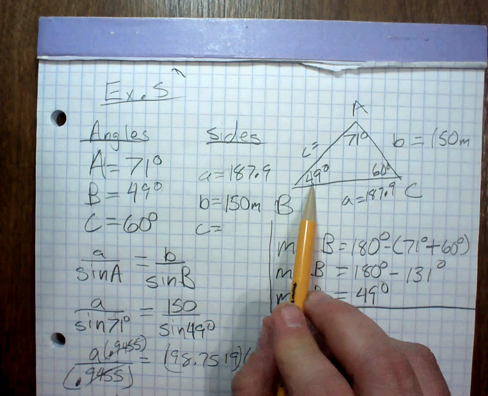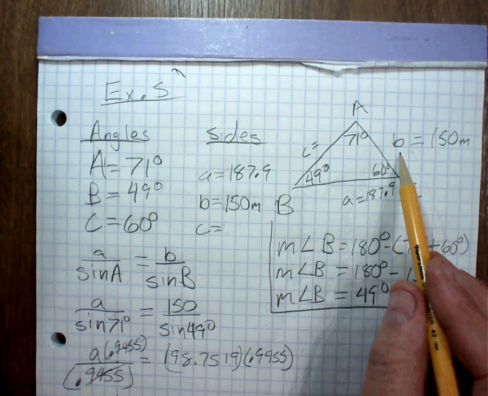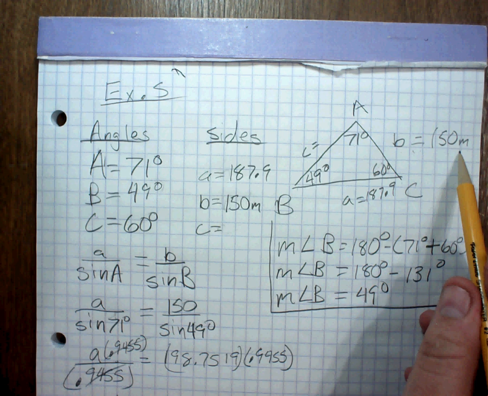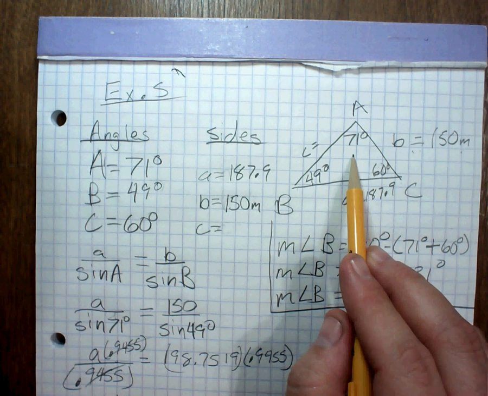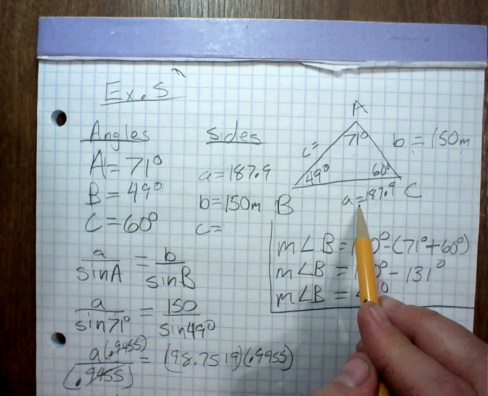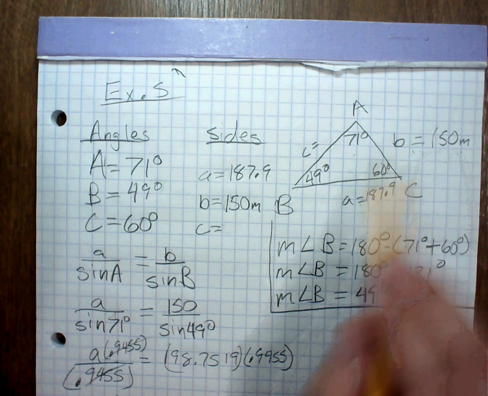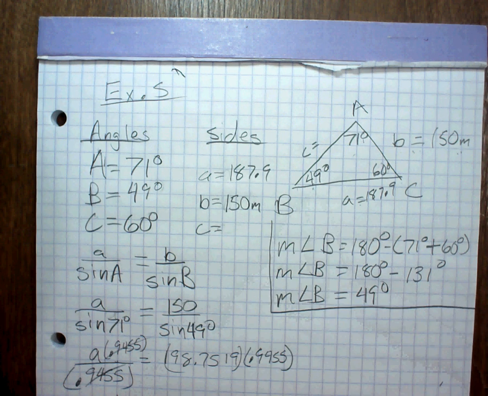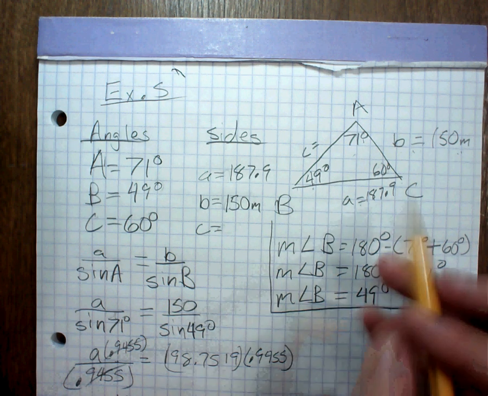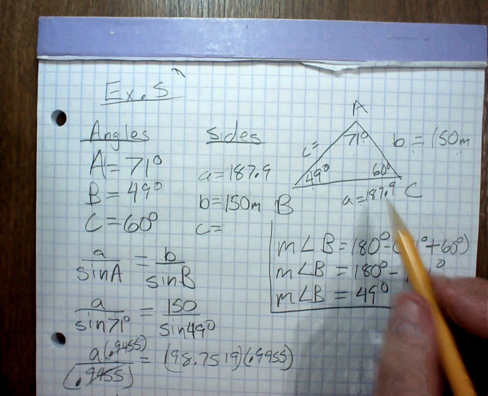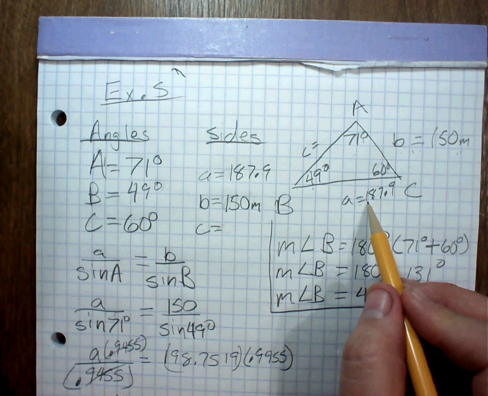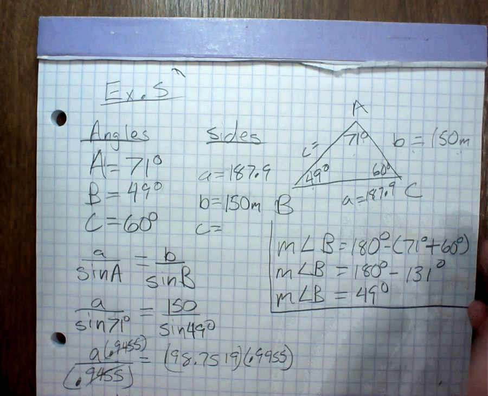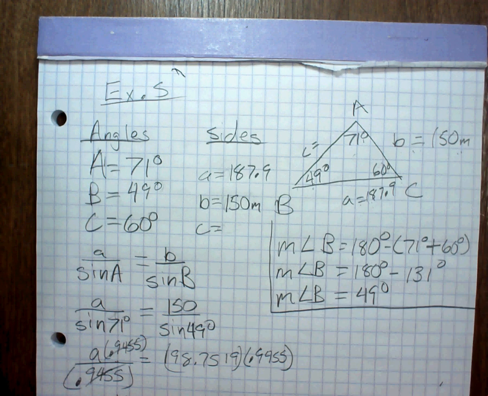If this is 49 degrees and the opposing side is 150 meters, and this is 71 degrees and this side is 187, 187 is a little bit bigger than this, just like 71 degrees is a little bit bigger than 50. So it's proportional. If this was 18, you made a mistake. If this was 1,897, you made a mistake. So 187 is a reasonable answer. That's one of my little tricks to avoid mistakes.